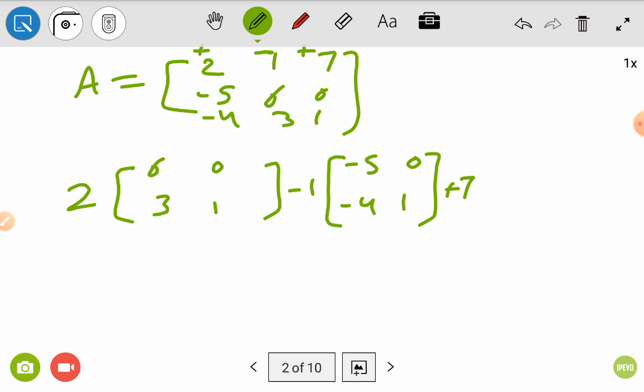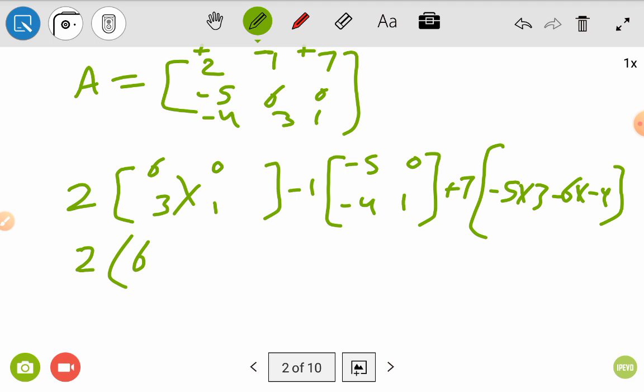Plus 7. Cancel this row and this column. Negative 5 times 3 minus 6 times negative 4. Here 2 times 6 minus 0, minus 1 times negative 5 minus 0.